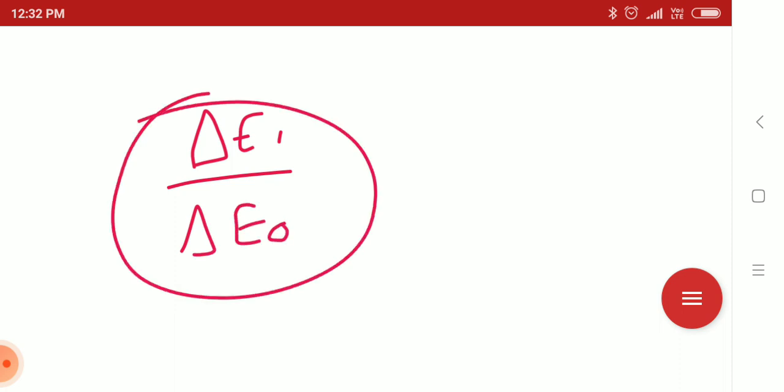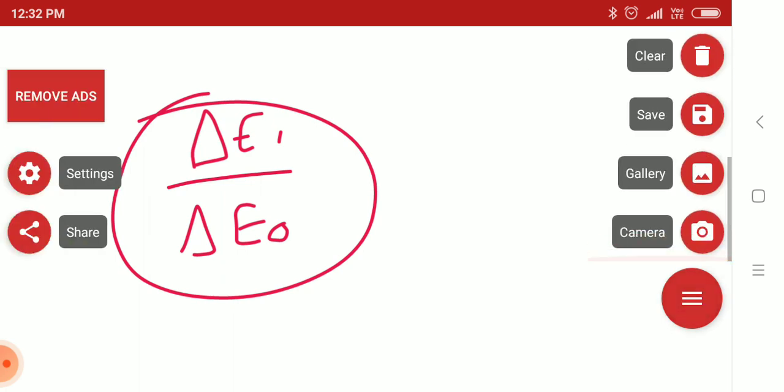So how can we solve this problem? I am telling you with a very important formula. We can solve it within 2 minutes, in very few lines.